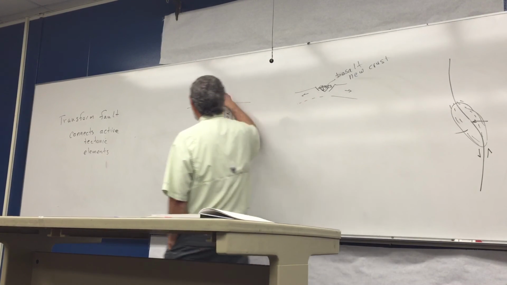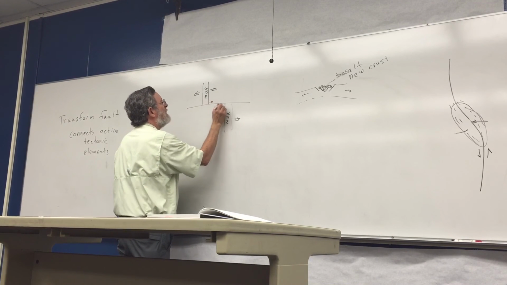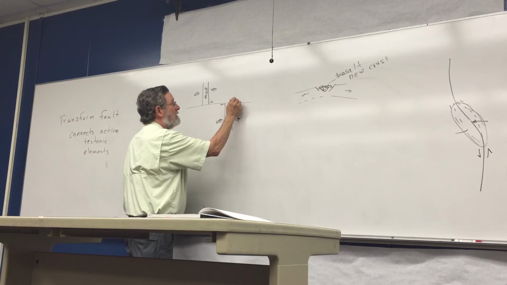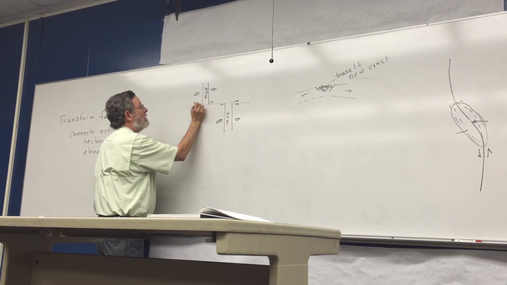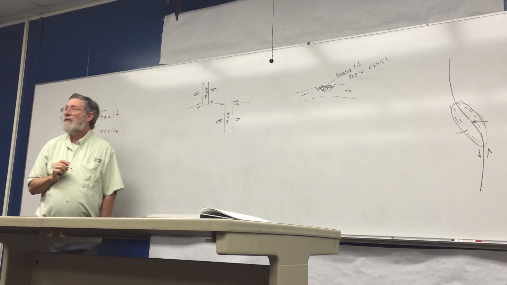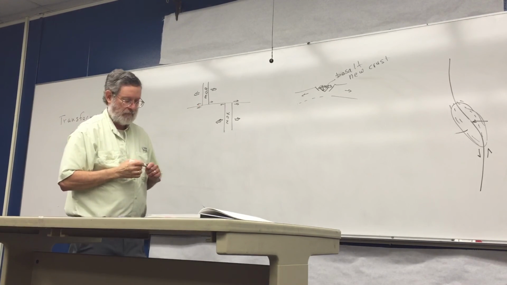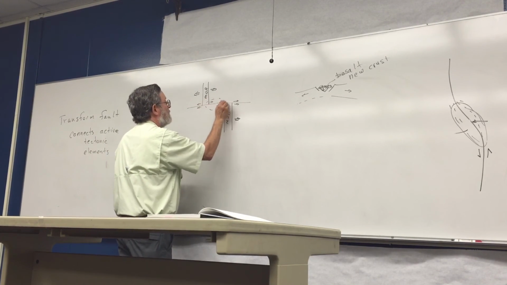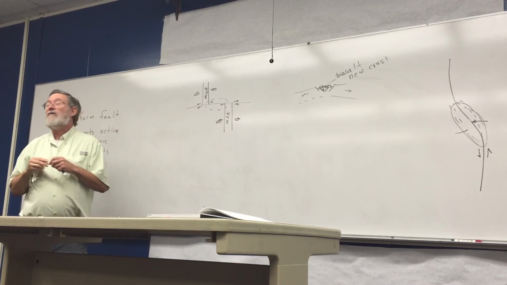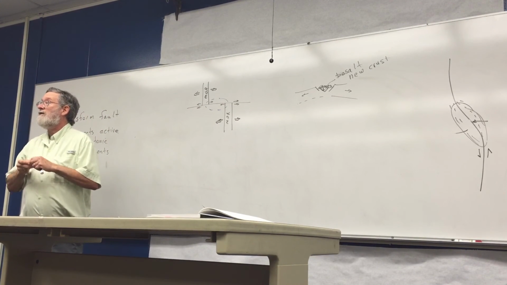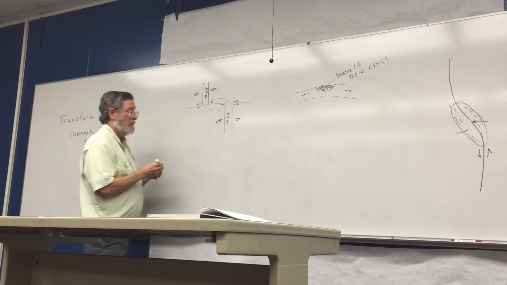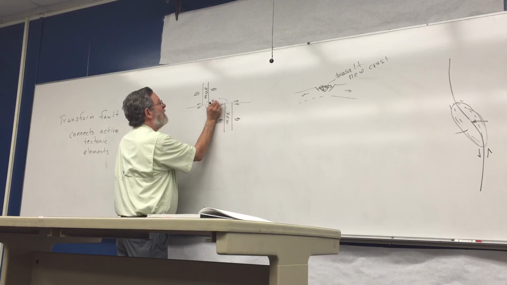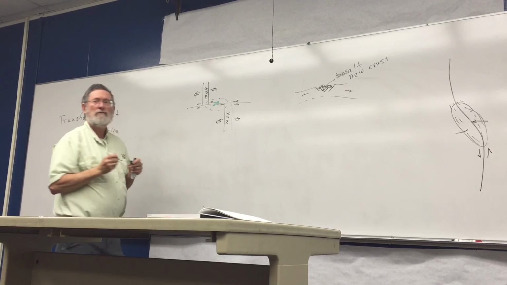Let's come down to here. That's moving that way, that's moving that way. This is moving this way, that's moving that way. So in between, in this area here, we actually see right lateral displacements. If we were to draw this area, that's what we measure.